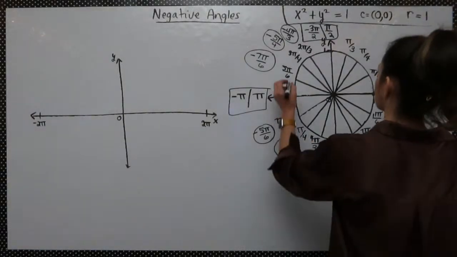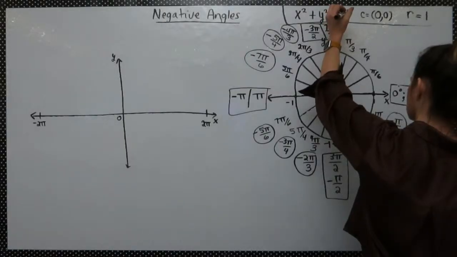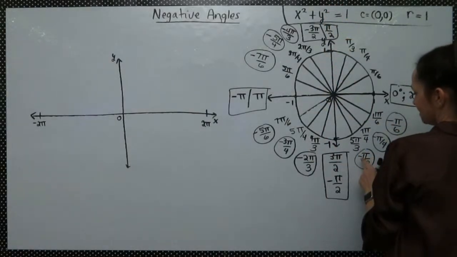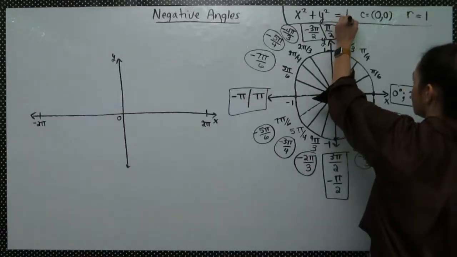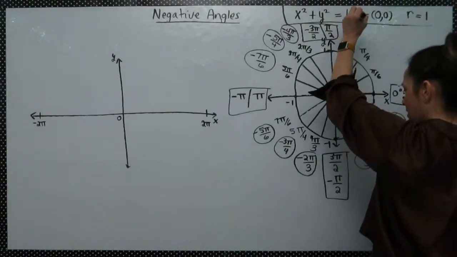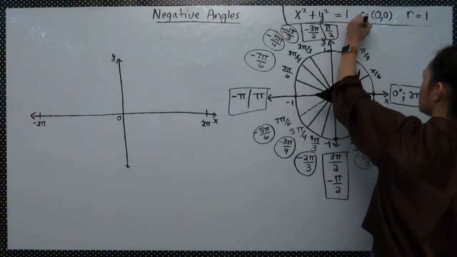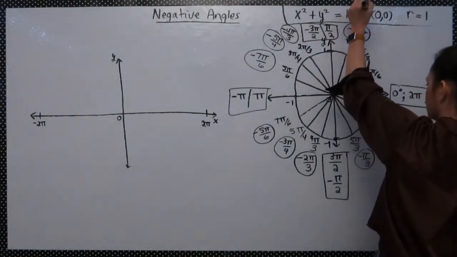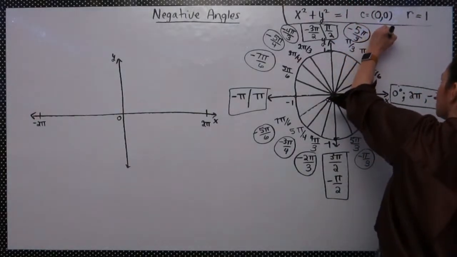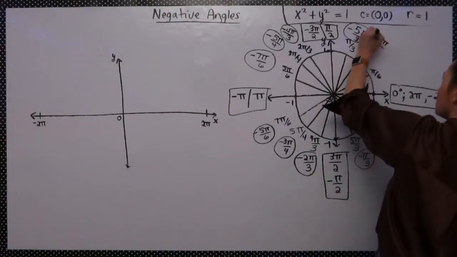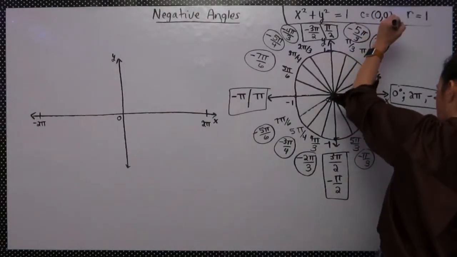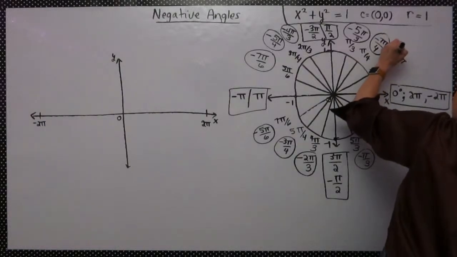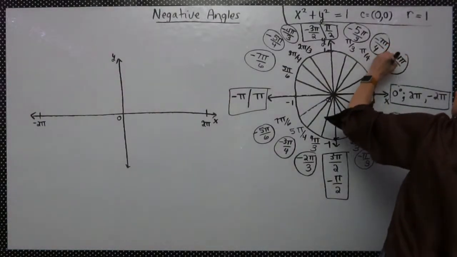Okay, this is the fourth quadrant. So we've got negative, look what I did. So this is going to be negative 5 pi over 3, circle it. This would be negative 7 pi over 4. And this one is negative 11 pi over 6.